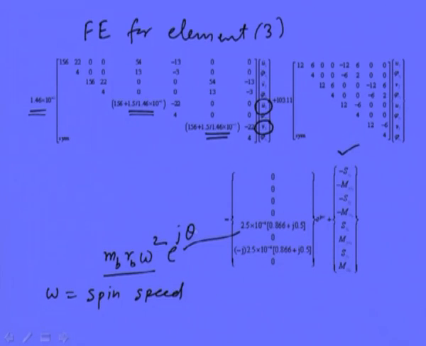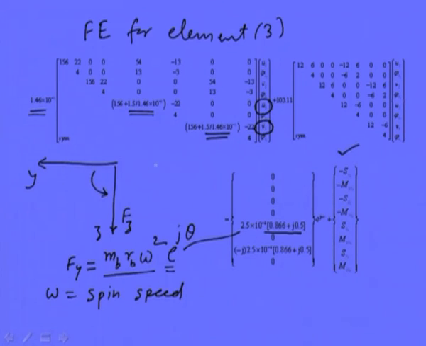Theta is the phase, so this term comes from the phase term. You can see the force in the y direction, which is this one, and the force in the z direction, which is here. If the rotor is rotating in the counterclockwise direction, z will be lagging by 90 degrees with respect to y.